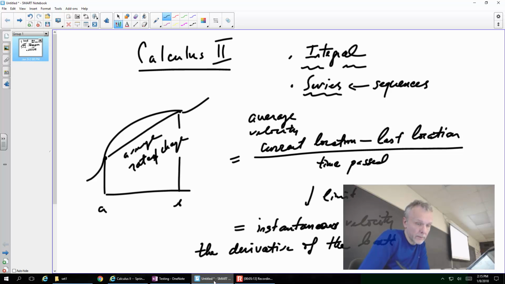Location is a function of time, and velocity is a function of time. What's the relation between them? One is the derivative of the other. And if you want to go backwards, then one is the antiderivative of the other.